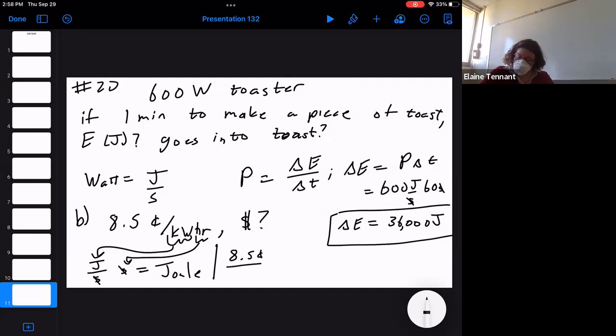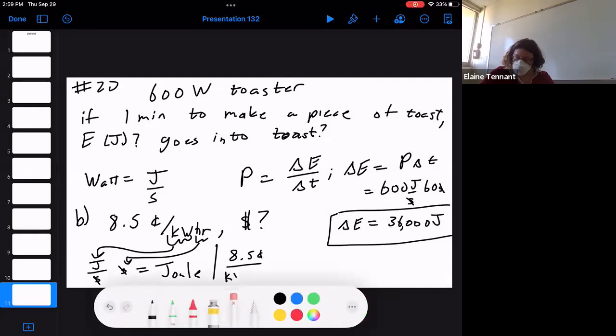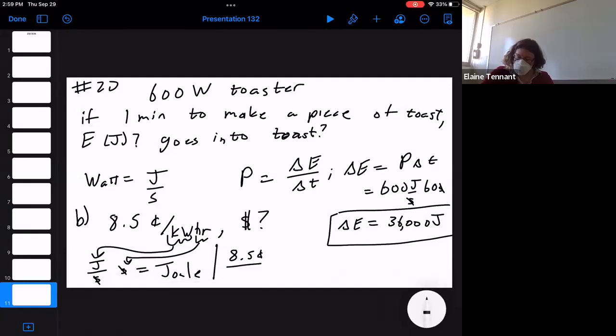So if you have 8.5 cents per kilowatt hour, I'll write it down as 10 to the third watt hour.